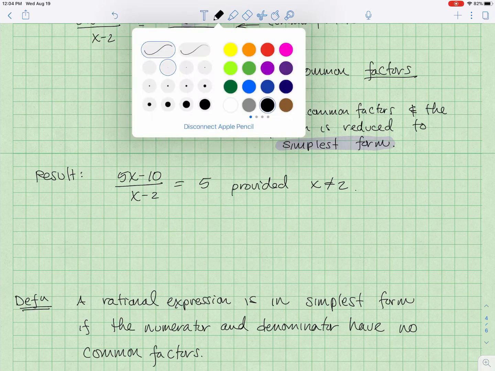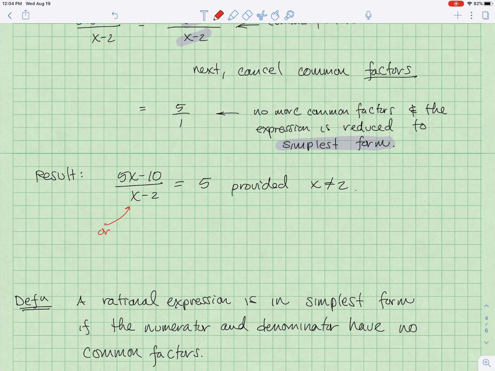So this was the original form. This is the reduced, simplest form.